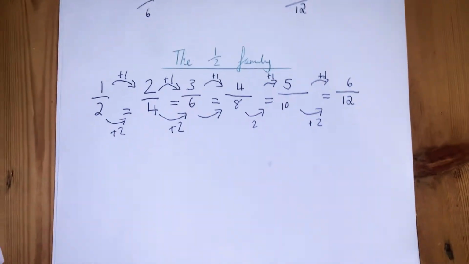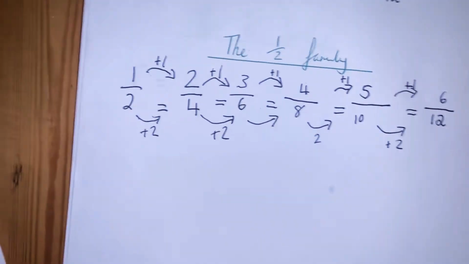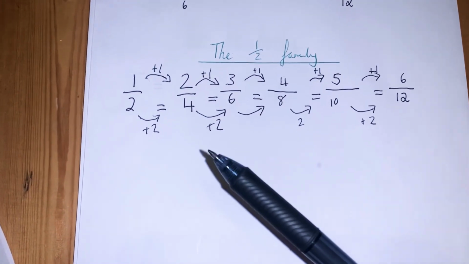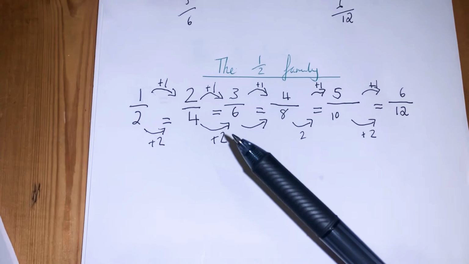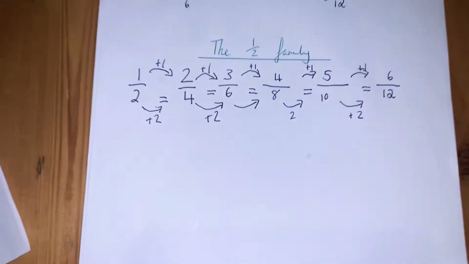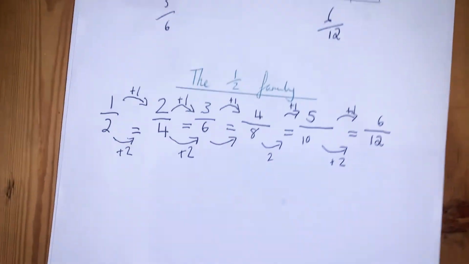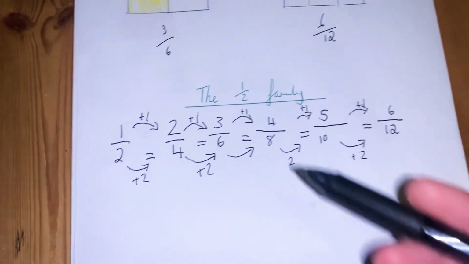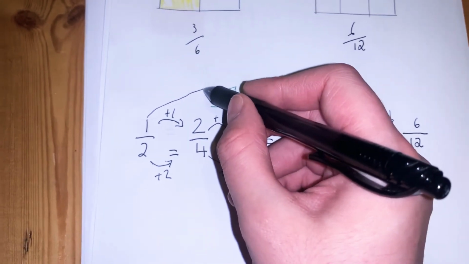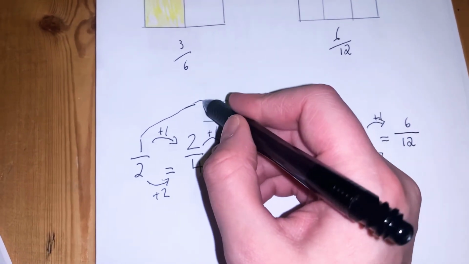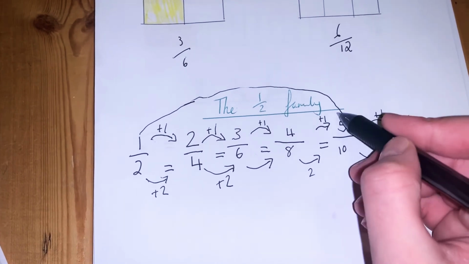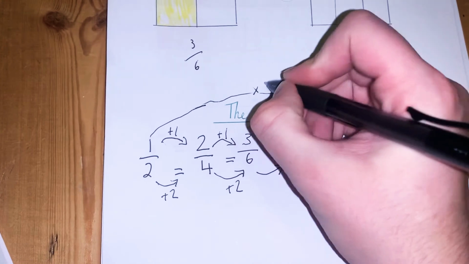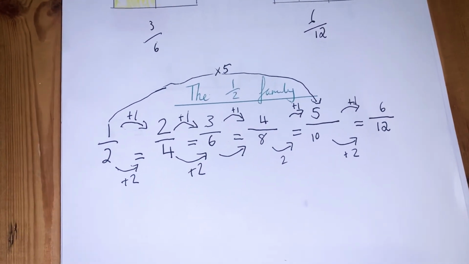Okay? Now, another way you can look at it is by multiplying. When we're multiplying, you multiply the numerator by the same number as you do to the denominator. So, in order to get from 1 to 5, let's say, obviously you need to multiply by 5.